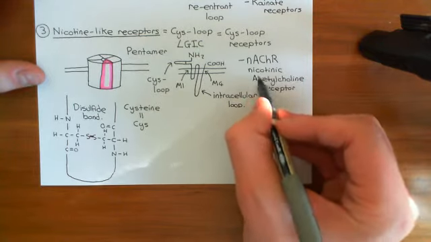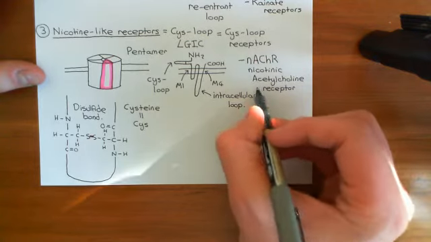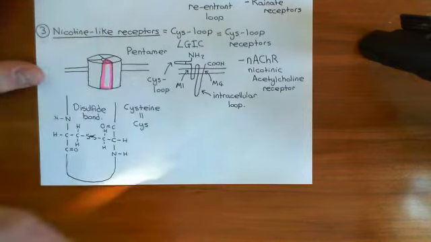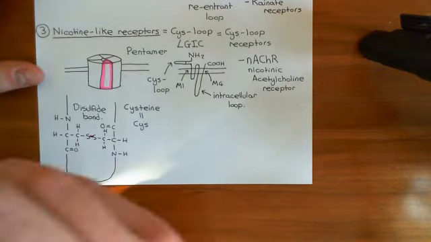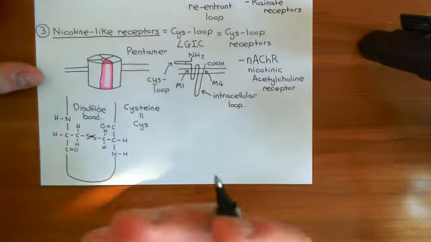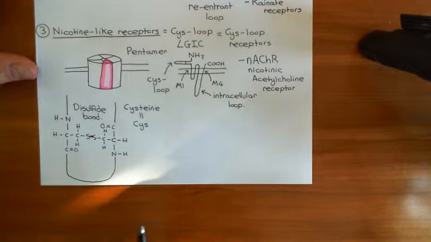So, nicotine is not an agonist for all of these receptors, but it is an agonist for a good few of them. Okay, so that's why these are called the nicotine-like receptor family of ligand-gated ion channels, named after these nicotinic acetylcholine receptors, which are a subfamily of nicotine-like receptor ligand-gated ion channels.